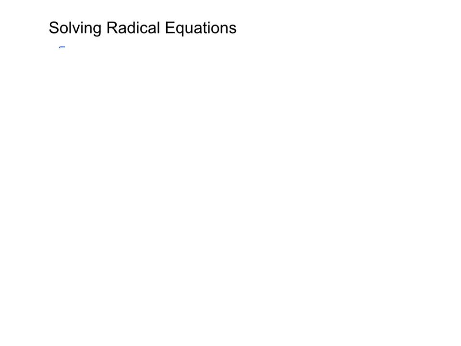When you're solving radical equations, the steps that I want you to follow are: number one, you need to isolate the radical, okay? That just means that you want to get the radical completely by itself. Then depending on what your radical is, if it's a square root, you're going to square both sides.